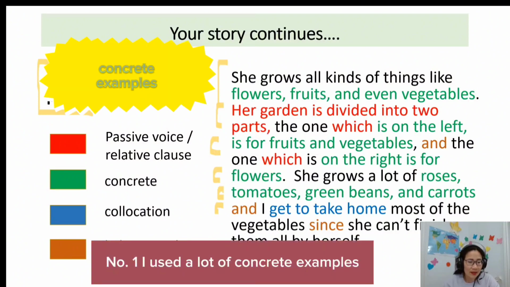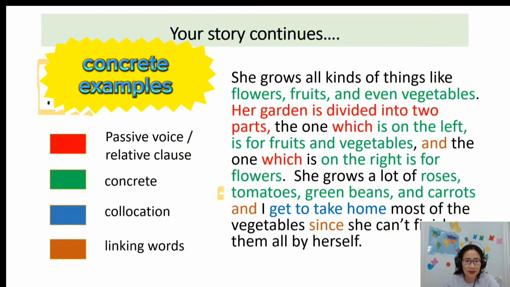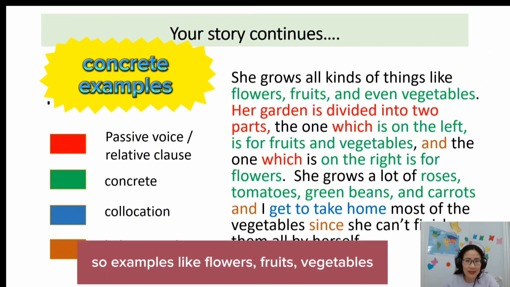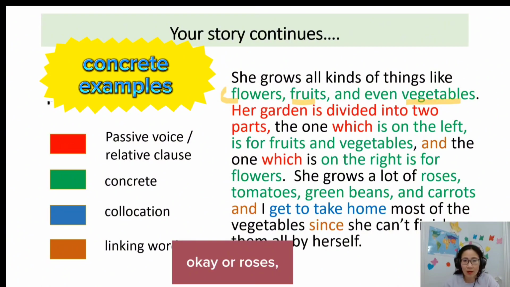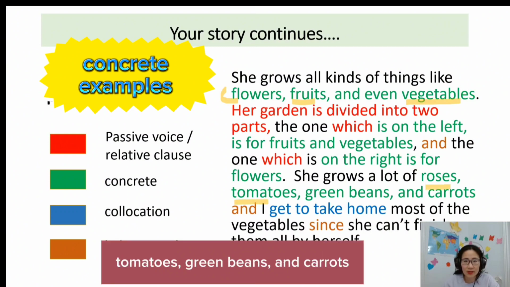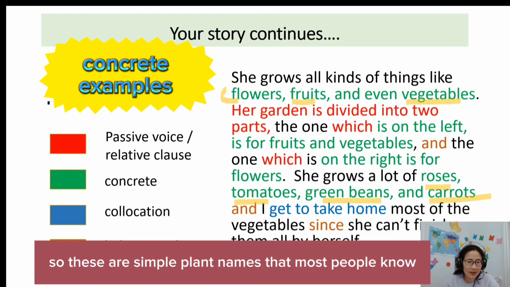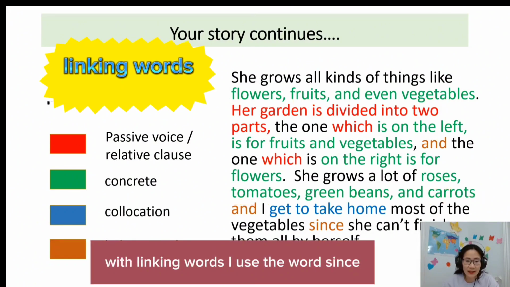Number one, I used a lot of concrete examples. What are they? Examples like flowers, fruits, vegetables, or roses, tomatoes, green beans, and carrots. These are simple plant names that most people know. Then I use linking words.